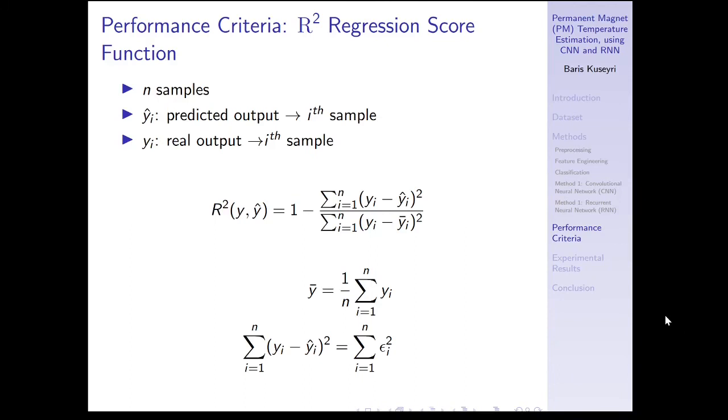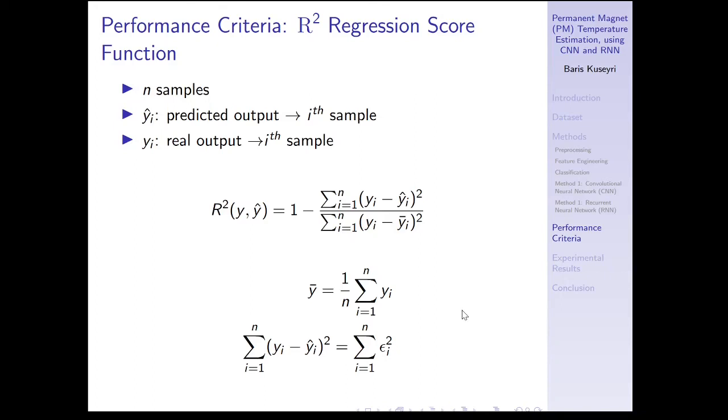Next, I'm going to present you the performance criteria that I used to assess my networks. The first metric I have used is R-square regression score. To calculate this, if we assume n samples, and yi hat is the predicted output for the ith sample, and yi is the real output, this score can be calculated by these equations.